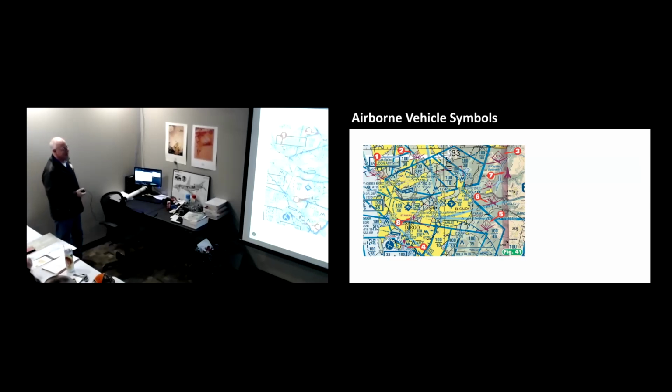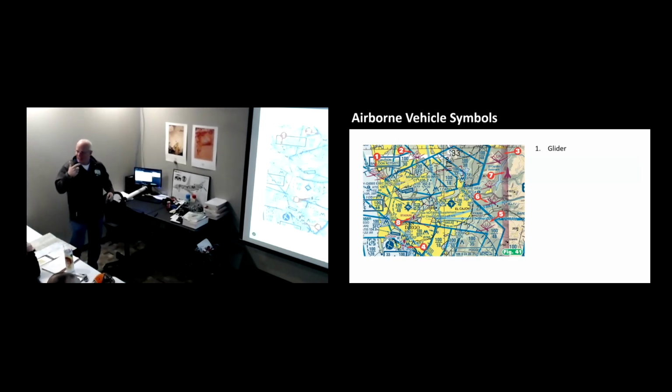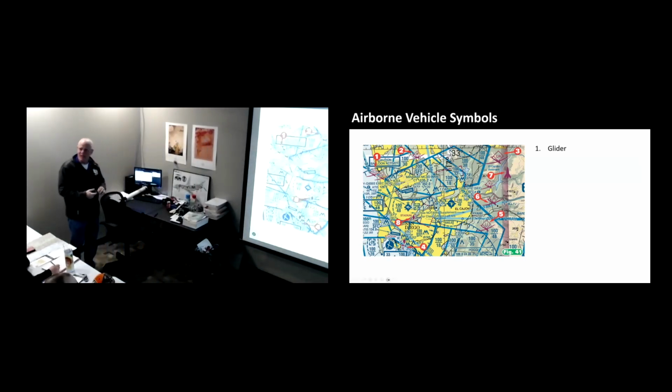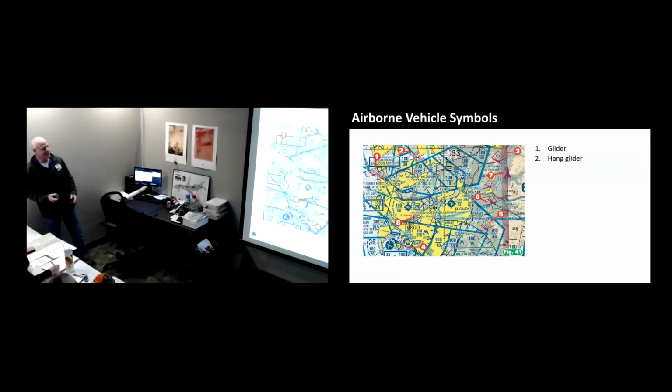All right, so you can look at this. I don't know if this is an actual copy of a real chart, but they got everything on a couple of quadrangles here. Different types of airborne vehicle symbols. What does that mean? If you see any of these symbols, you just need to be aware that in this general vicinity, you may encounter this kind of activity, right? Number one, just looks like a glider. It's got the G in it. So you can expect that there's probably a high volume of glider activity or glider training in that area.